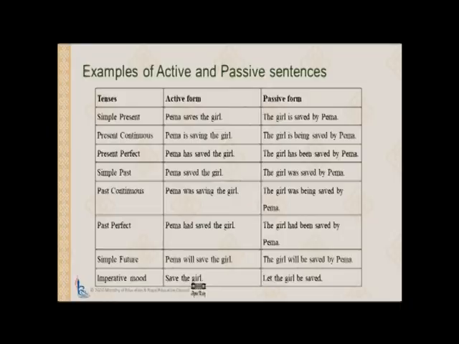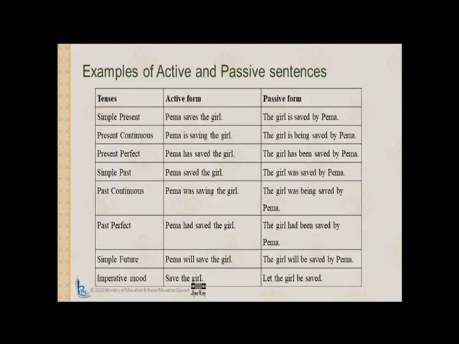The girl was being saved by Pema. In the past perfect form, Pema had saved the girl. The same sentence in its passive form, the girl had been saved by Pema. In the simple future, Pema will save the girl. The girl will be saved by Pema.